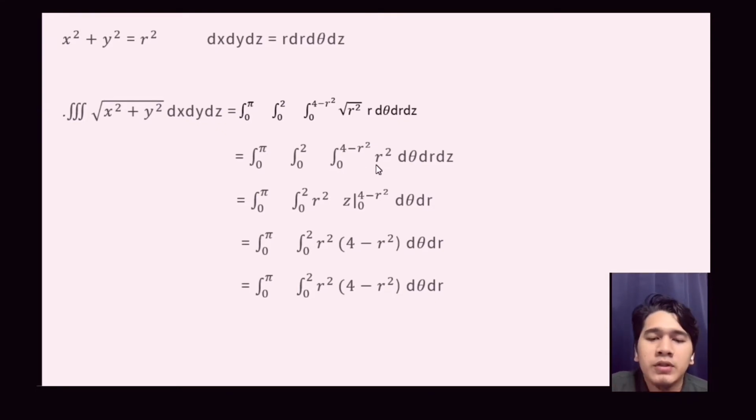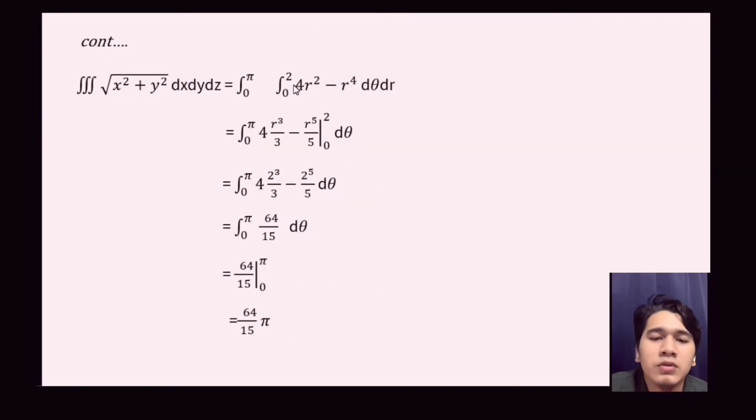From this equation, we can integrate with respect to z. So we get this equation and we substitute the value into z. We get 4 minus r square multiplied by r square, which gives 4r square minus r to the power of 4, and we integrate this with respect to r, and we get 4r cube divided by 3 minus r to the power of 5 divided by 5, with limits 0 to 2.